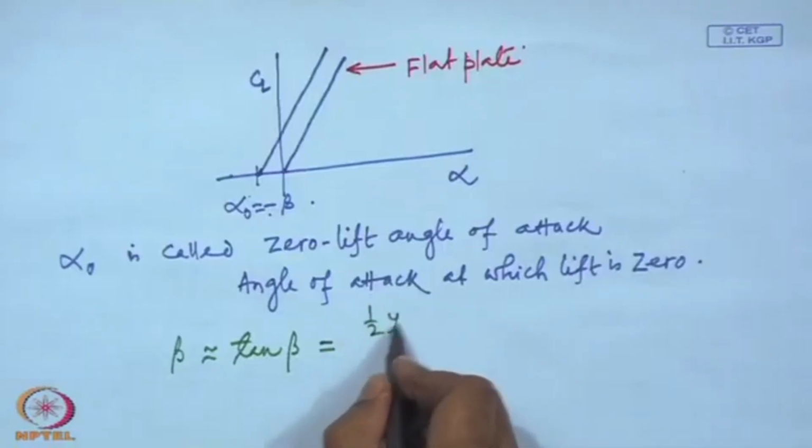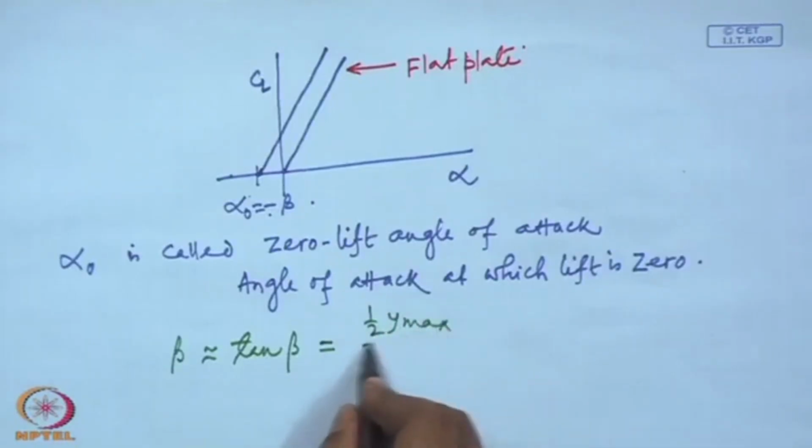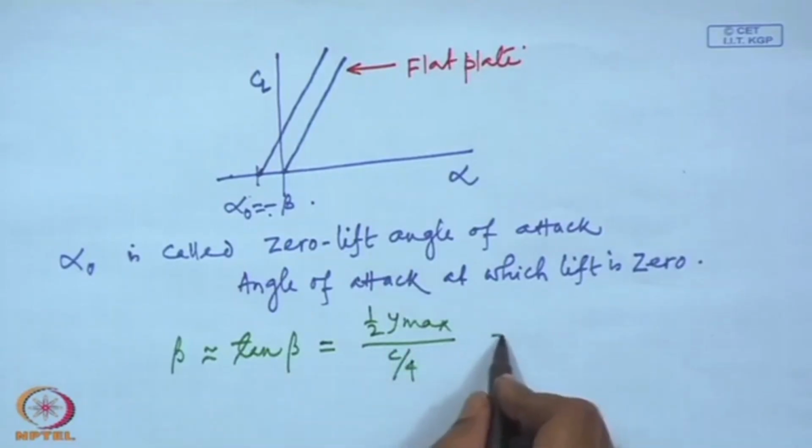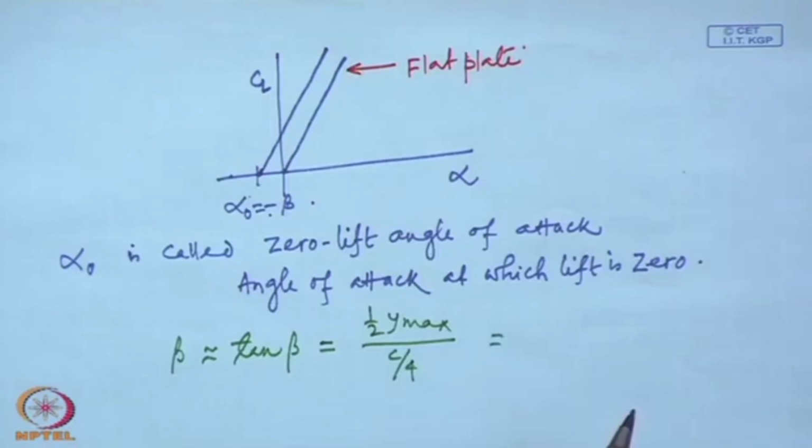Half of Y max divided by C by 4. So, how much is this? 2 into y max by c.